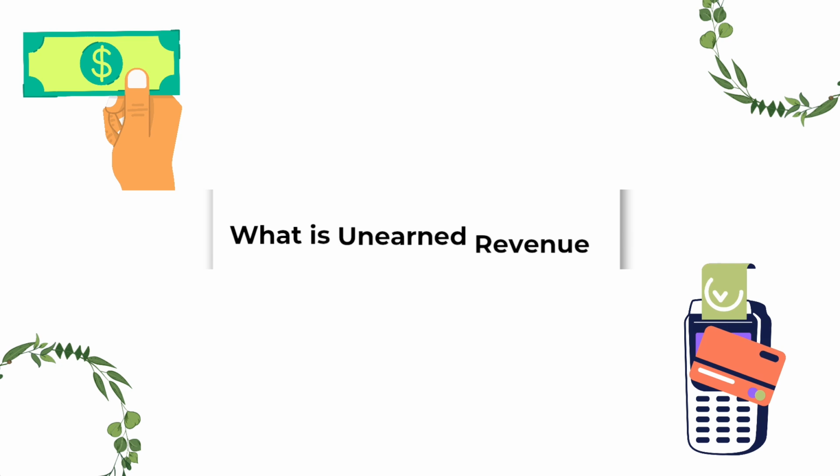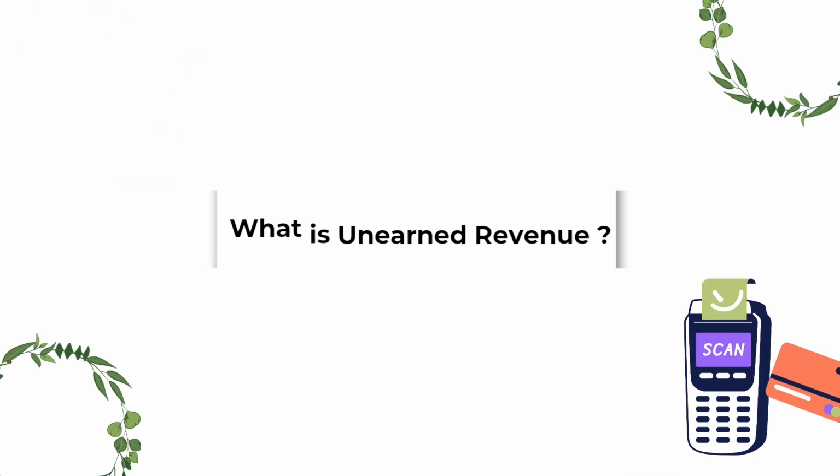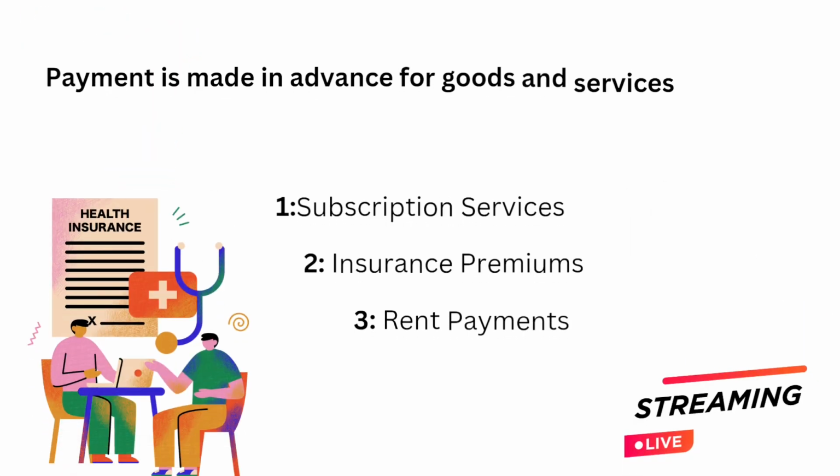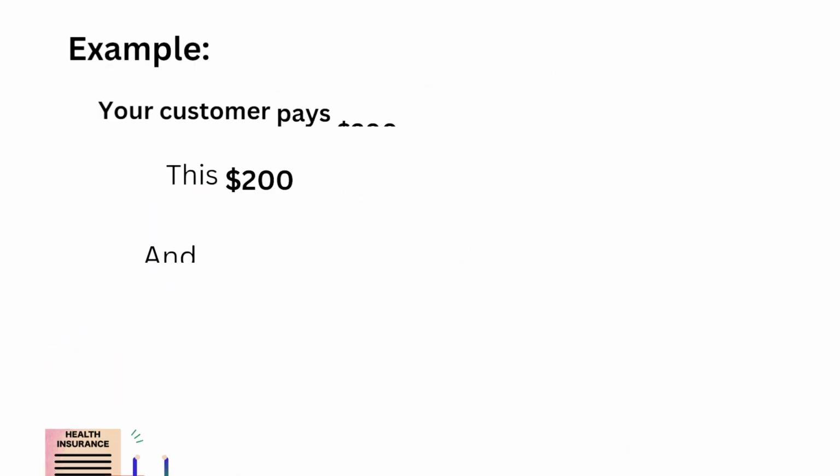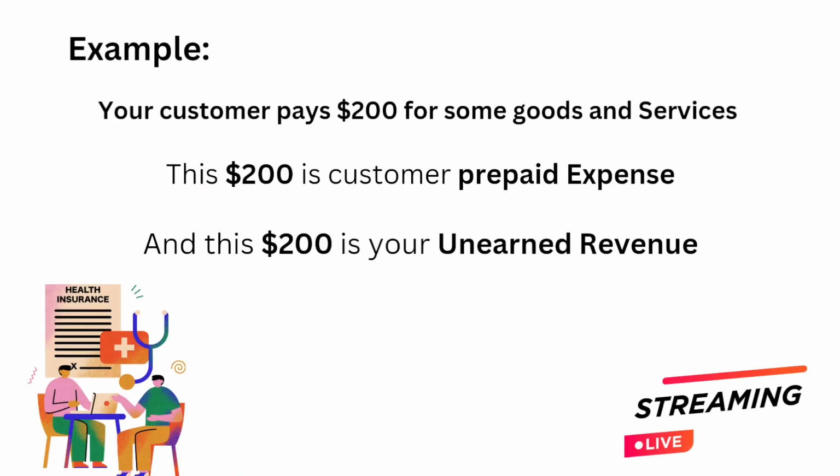The next one is unearned revenue. This one describes advance payment for goods and services that you have gotten in exchange for future deliveries or services. This is like prepaid expenses, but for the other side of this deal, meaning the customer. For instance, your customer prepays $200 for your product.